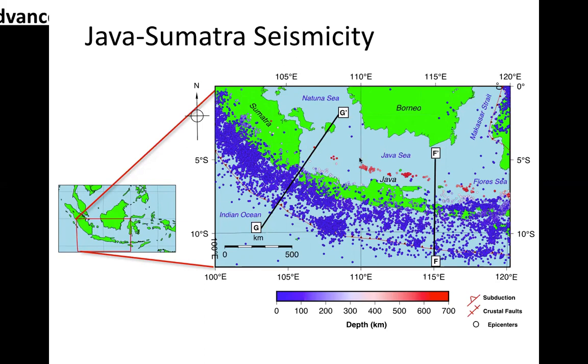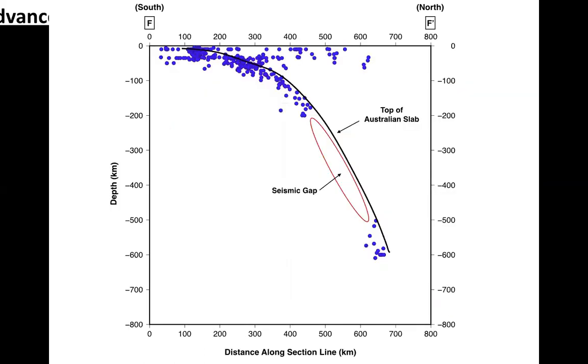So if we view this in cross-section, starting with cross-section F to F prime through Bali, looking into eastern Java, what we can see is a very well-developed Wadati-Benioff zone to about 200 kilometers. And then there's a very large seismic gap of about 300 kilometers missing, where seismicity picks up again at around 500 kilometers.